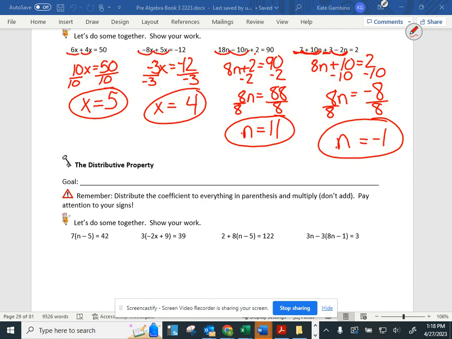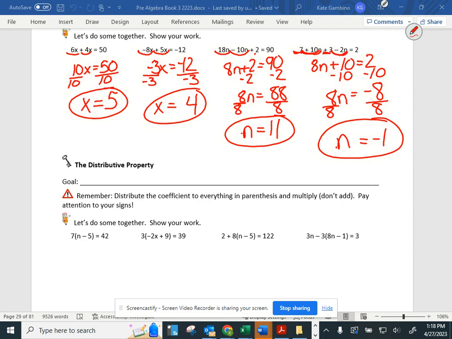So we've done all of these steps before. Now we're just putting it all into one huge problem. Negative 8, because I had 2 and I subtracted 10 from it. 2 minus 10 puts me into that negative side. Evelyn?